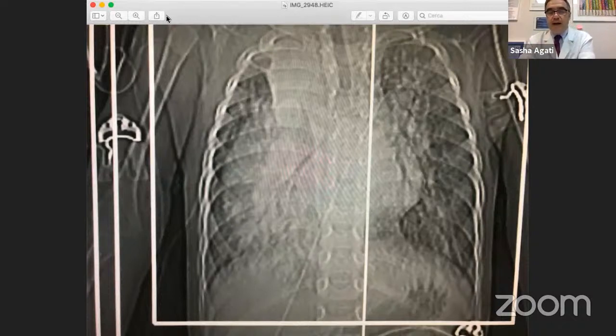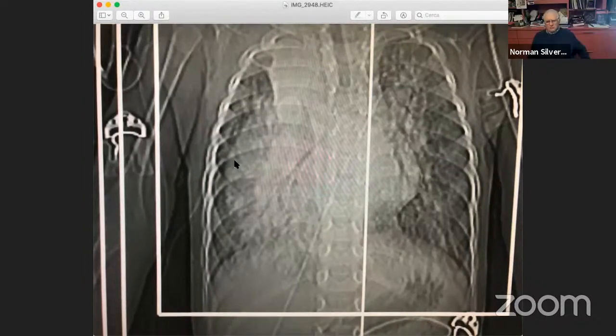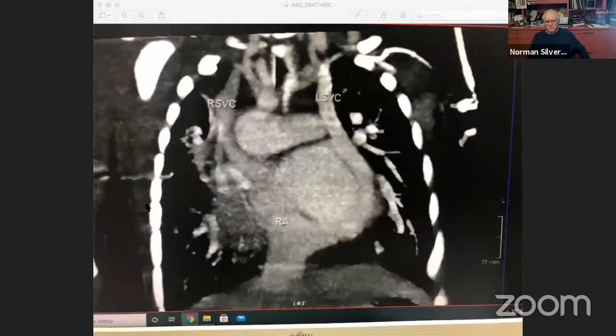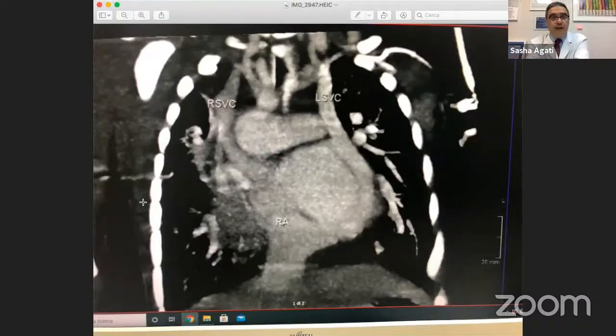It is a 9-month-old child who was coming from South America here for surgical treatment. They did the evaluation and said it is transposition in levocardia. But then we did the angio and the CT scan now, and this is what they found.